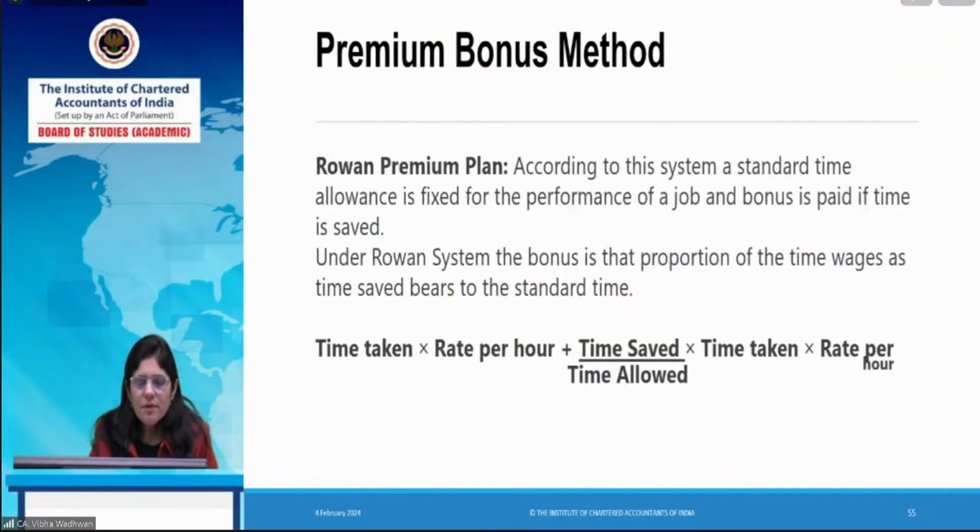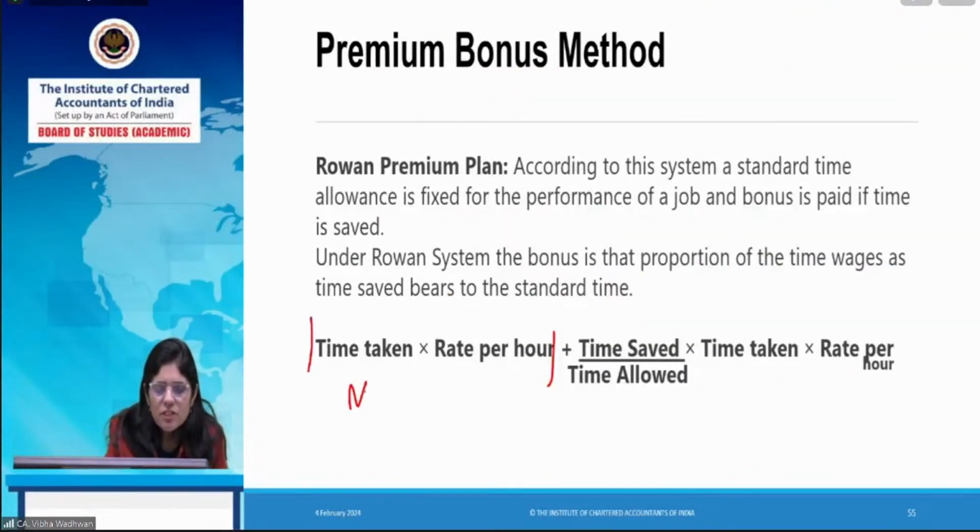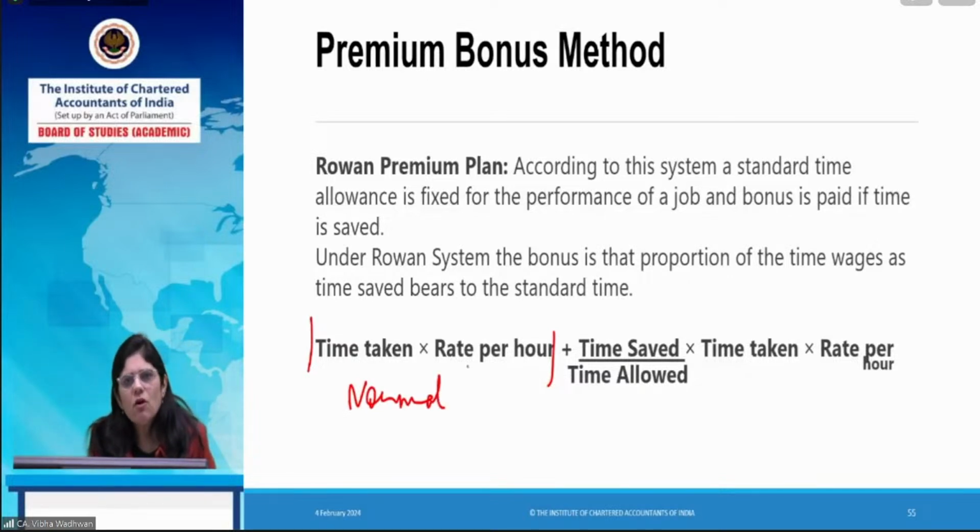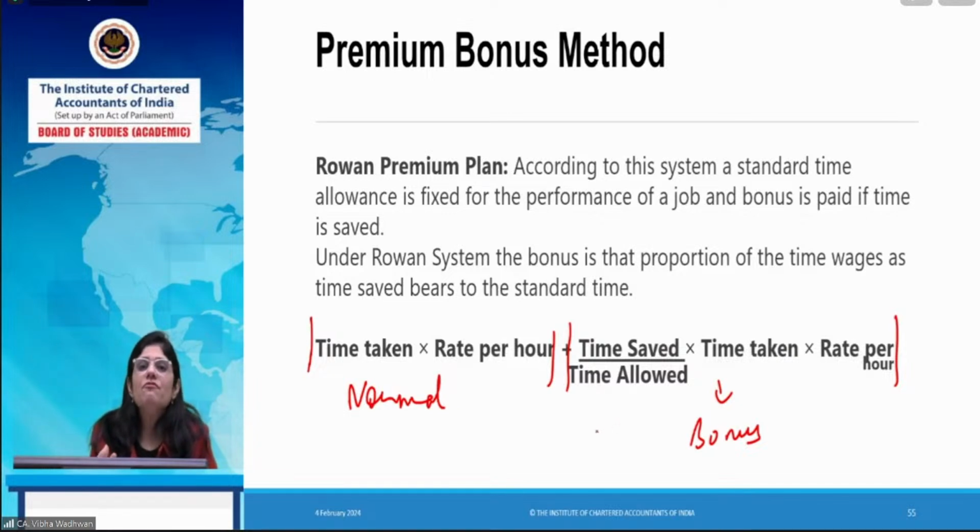Rowan premium, again, this part is your normal wages: time taken into rate per hour. Whatever time you have taken, you will get the normal wage. And this part is the bonus. As per the Rowan system, it is time saved divided by time allowed. Whatever is the proportion of time saved to time allowed, you will get as a proportion of your total wages.